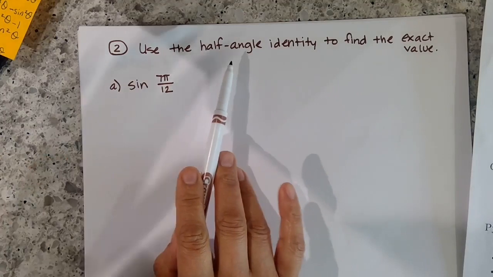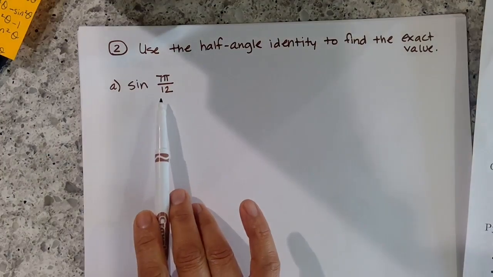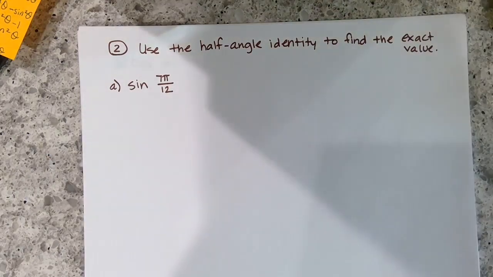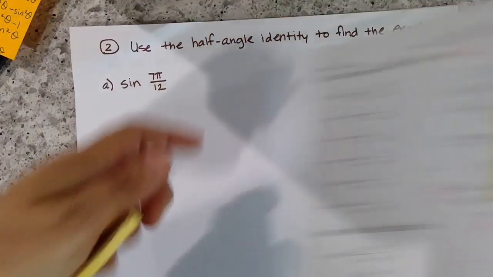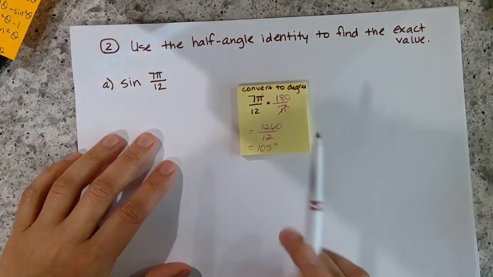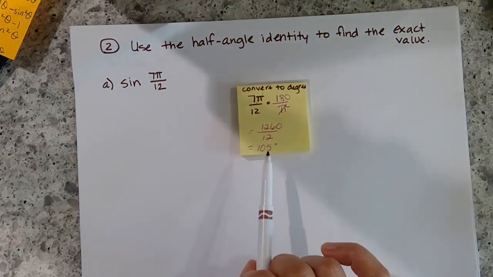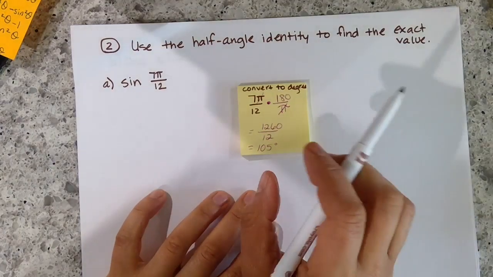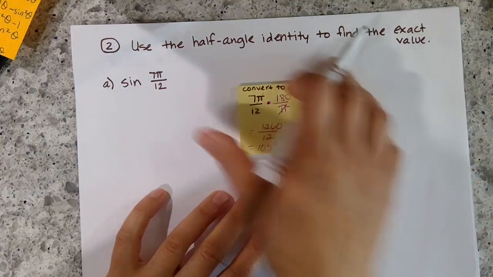So we're going to use the half angle identity to find the sine of 7 pi over 12. Well, where is 7 pi over 12? So you can figure it out on the unit circle, the way you count, or what might be easier is just to convert it to degrees. So if you convert 7 pi over 12 multiplied by 180 over pi, you get 105 degrees.